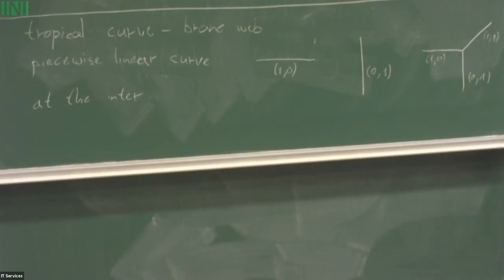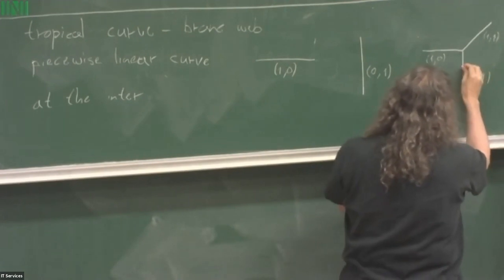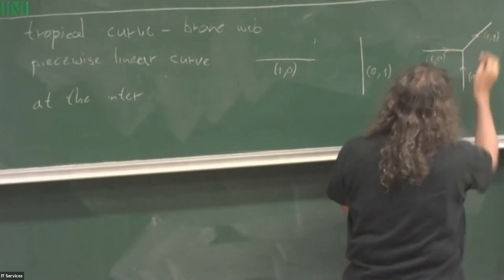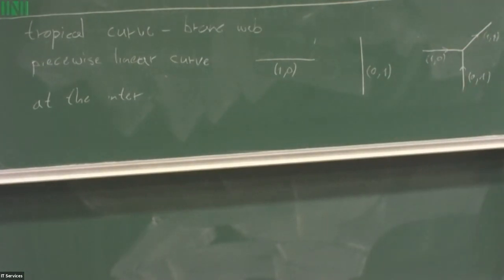So I could think of this as minus 1, minus 1, and set orientations like this. And now the numbers do add up to 0, okay? So thank you for the question.